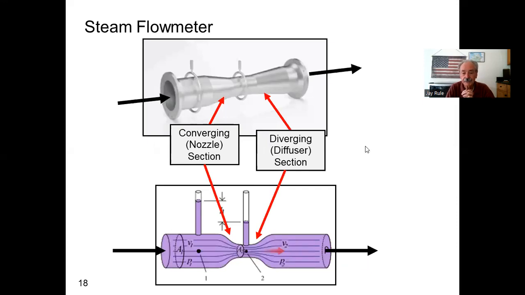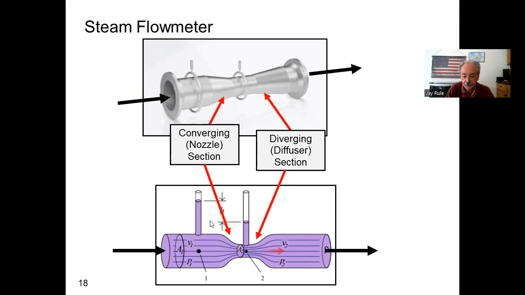Another example is a steam flow meter. In power plant and industrial situations where we must measure m dot, we have to figure out m dot of the steam going here and there. A steam flow meter is a classic example of a converging, diverging section in which the inlet and outlet area are basically the same. But what's going on here is we're converging the flow like a nozzle.